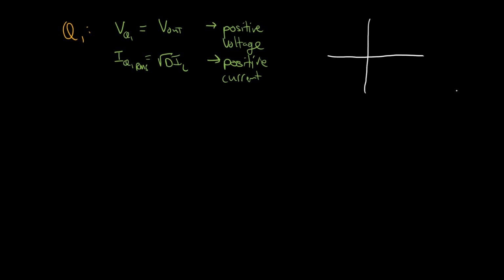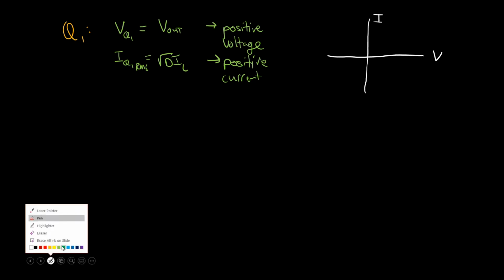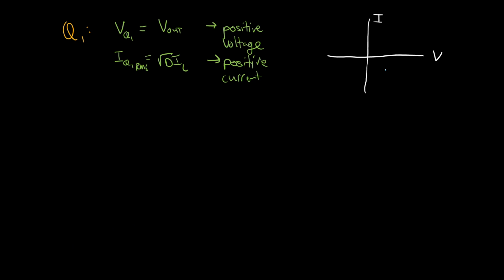We draw an IV graph, right? So here we have V, here we have I. So this switch, what is required? I'll use this blue, it needs to block positive voltage. So here, all it needs to do is block this voltage here.